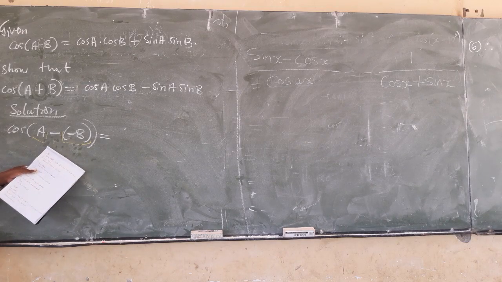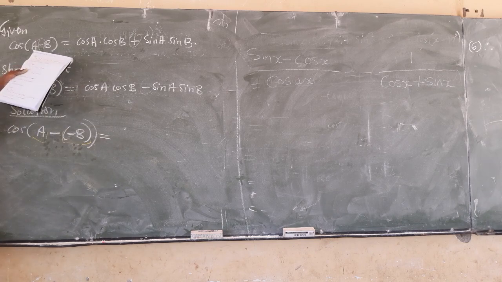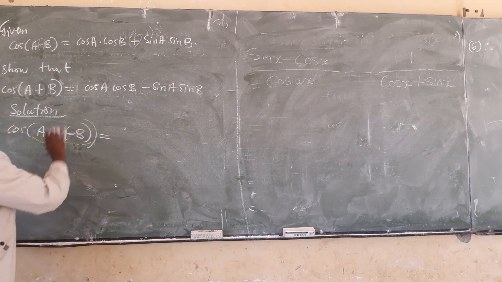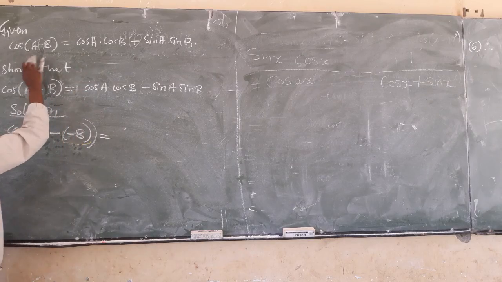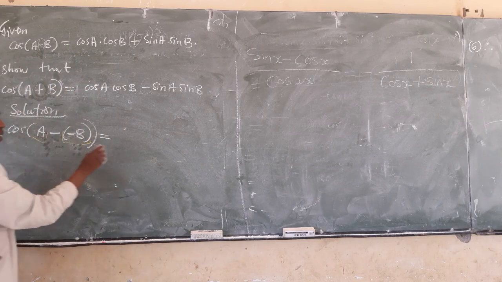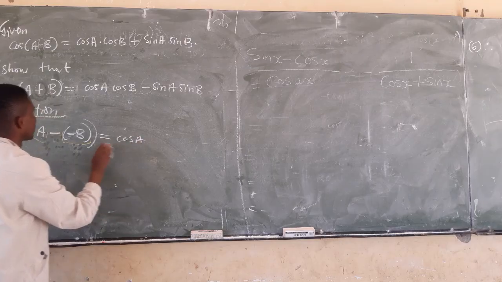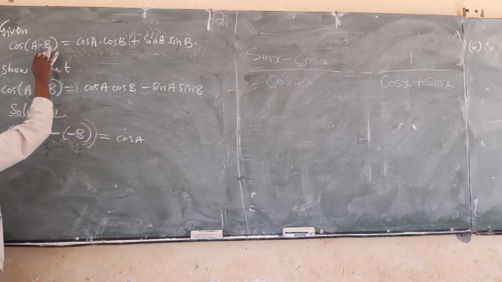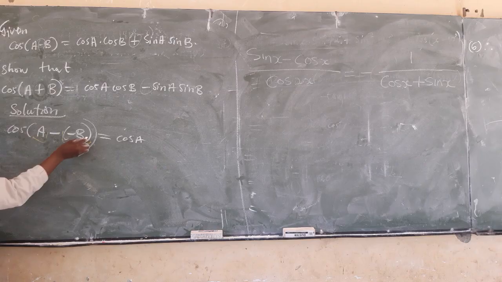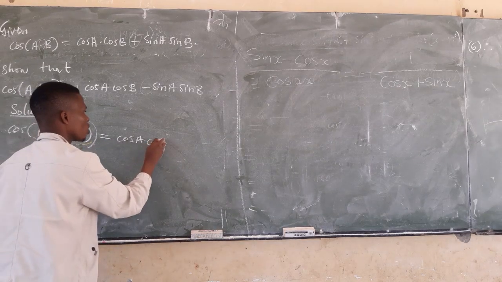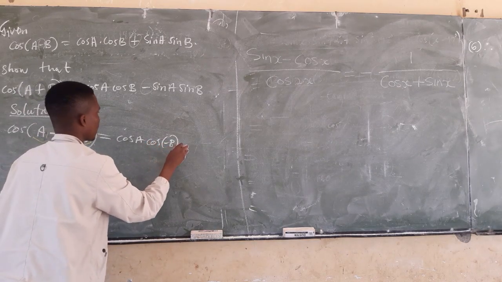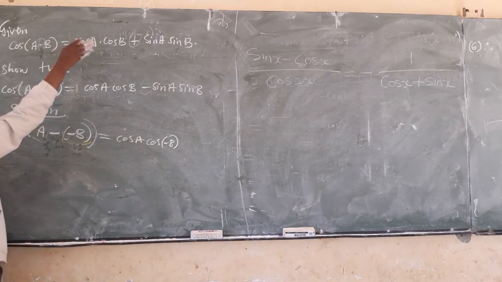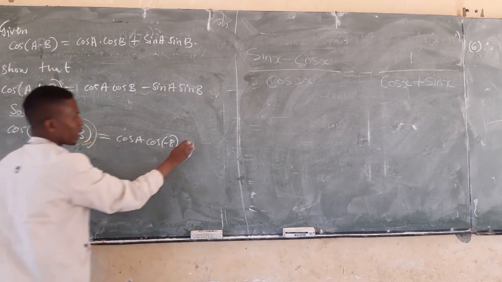How do we write this one in terms of that part? So now, cos of A, cos of A again. Then now we have cos of B, cos of minus B. Then now, here we are changing so we are in plus.